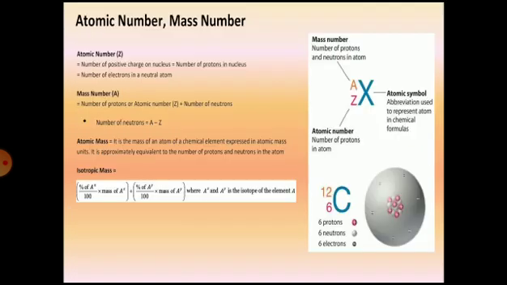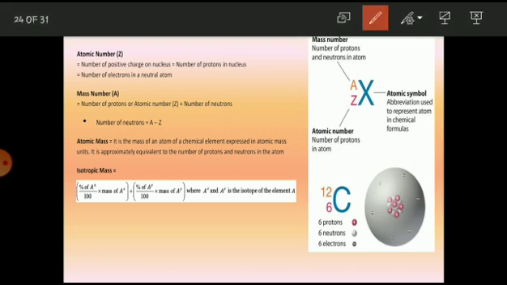Fine. Now next, let us know what is meant by atomic number and mass number. The first one is atomic number. The atomic number is denoted by the symbol Z, and the atomic number is nothing but the number of positive charge on nucleus, or the number of protons present in the nucleus, or it is also called as the number of electrons in a neutral atom.